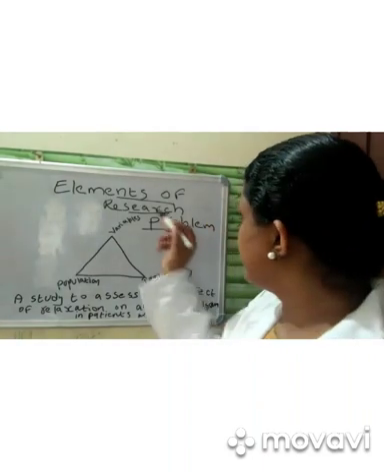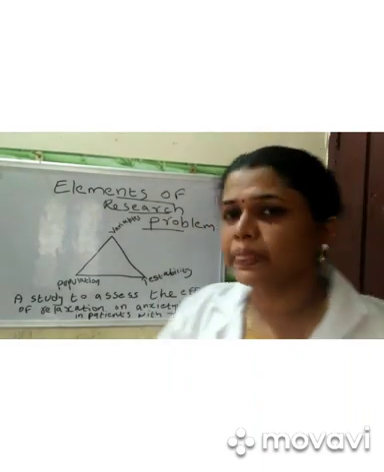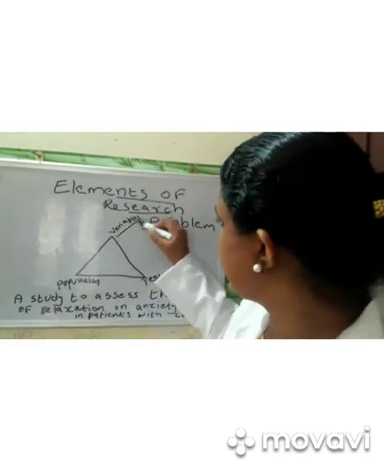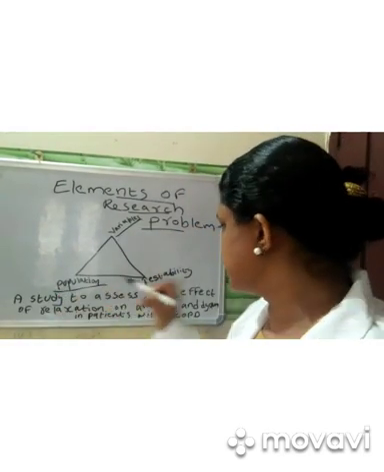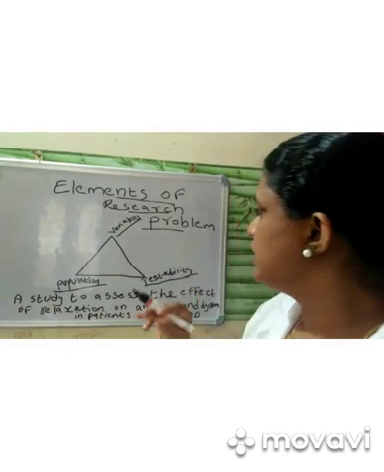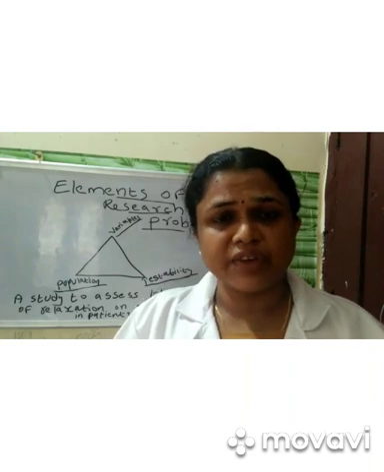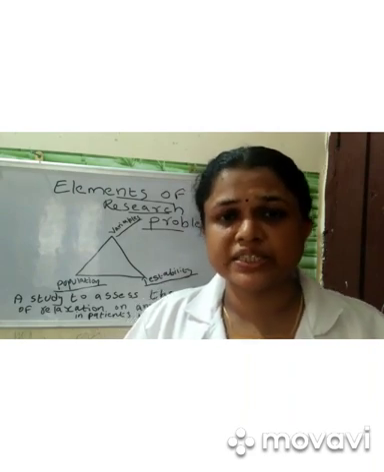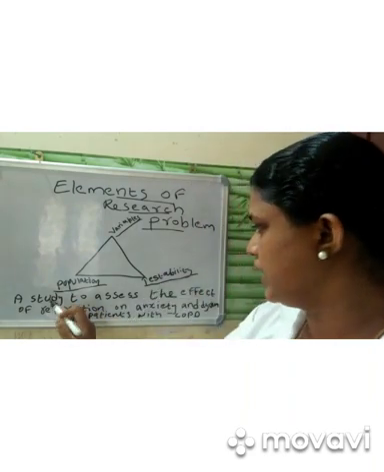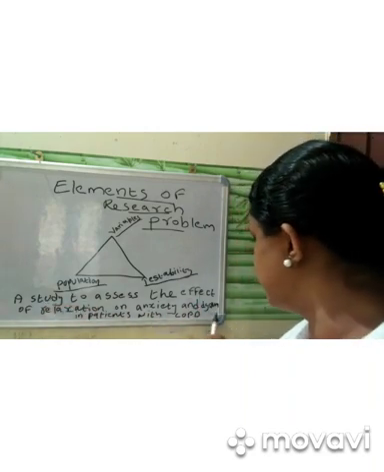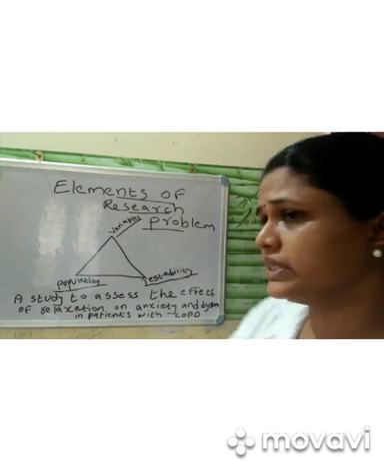Next we can see the elements of a research problem. A research problem has 3 elements. First one is variable, next is population, and testability. What is a variable? These variables are some factors that vary in a research problem. We can see an example: a study to assess the effect of relaxation on anxiety and dyspnea in patients with COPD.